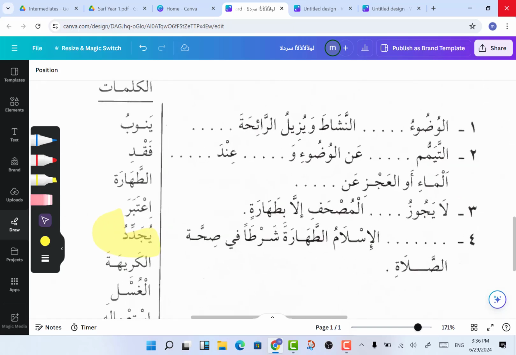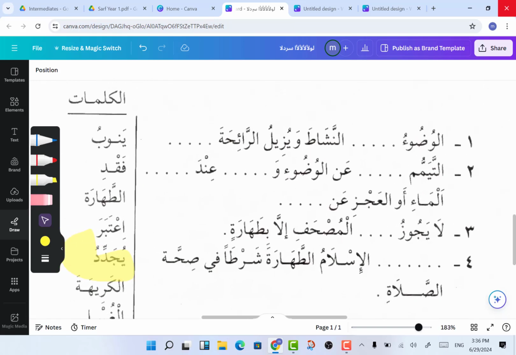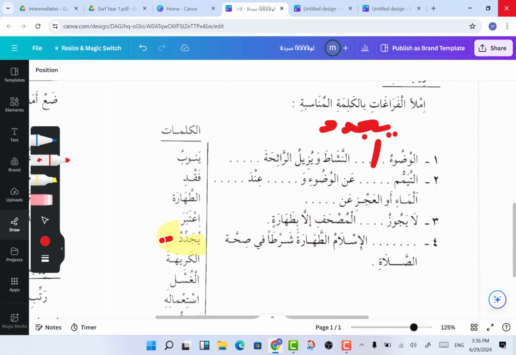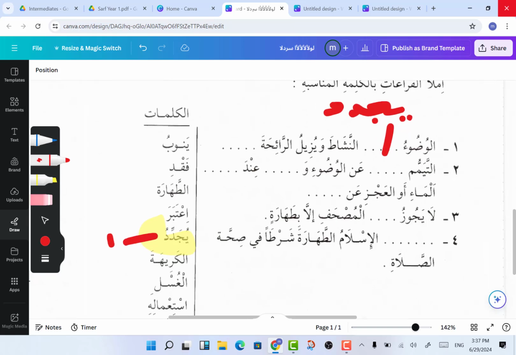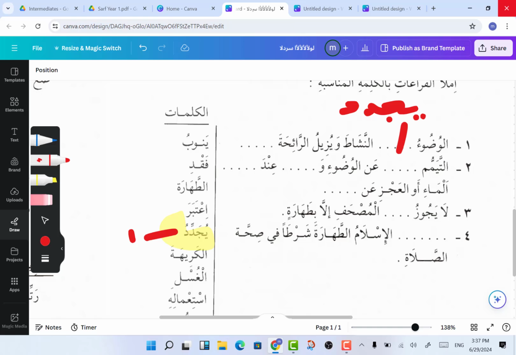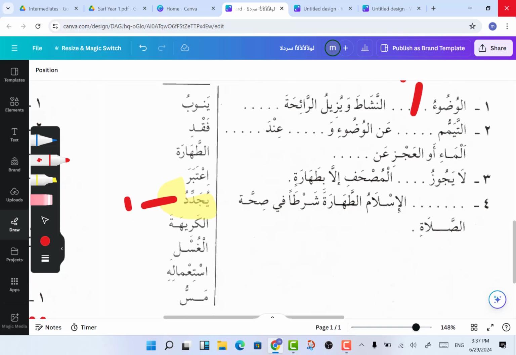Al-wudu yujadidu nashat, and that's true. Here, the answer is yujadidu, for number one. Yujadidu an-nashat wa yuzillu ar-rahihata al-karihata.